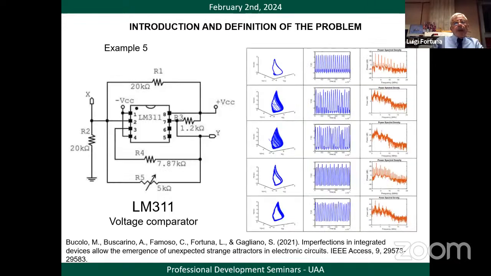This is another example of how imperfections in a signal allow us to improve the behavior.